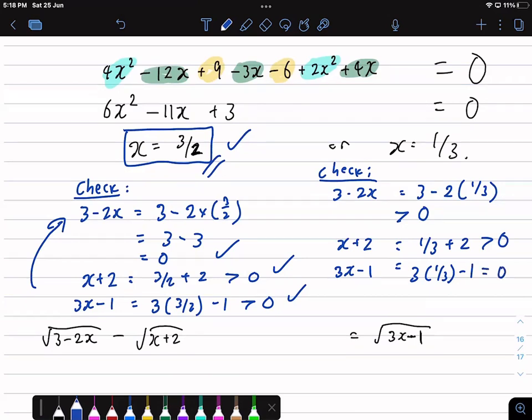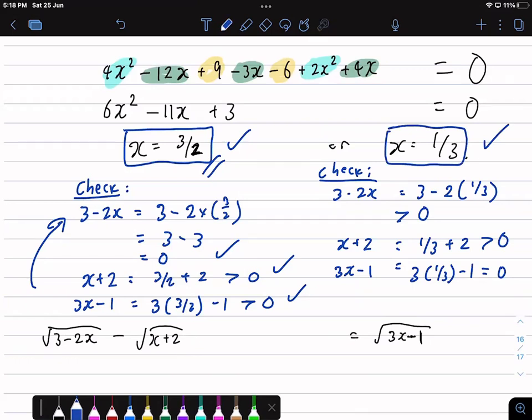Can we have 0 underneath the square root? Yes, you still can. So all 3 cases pass. That means this is also acceptable.